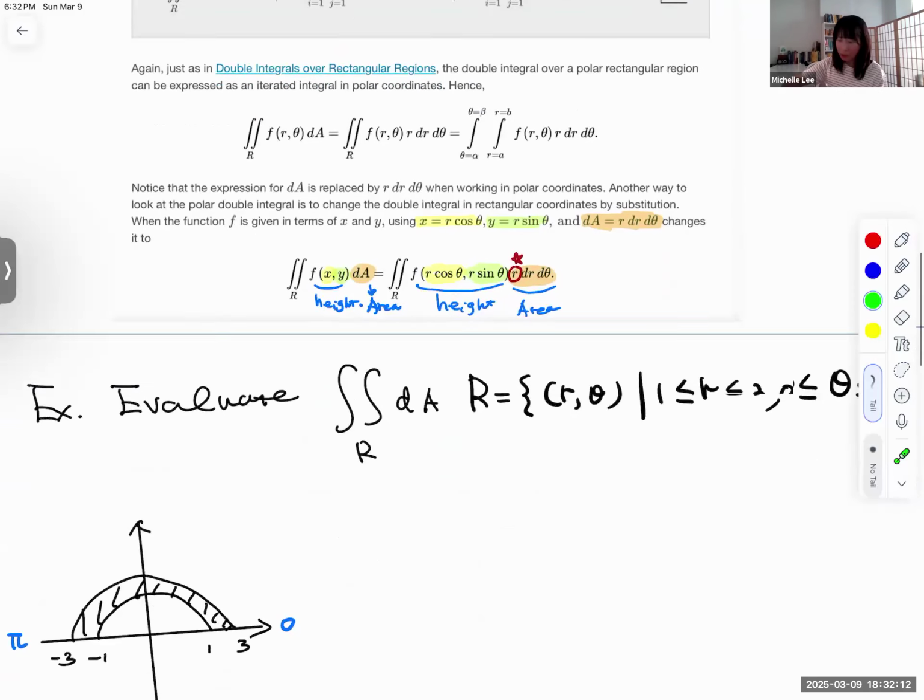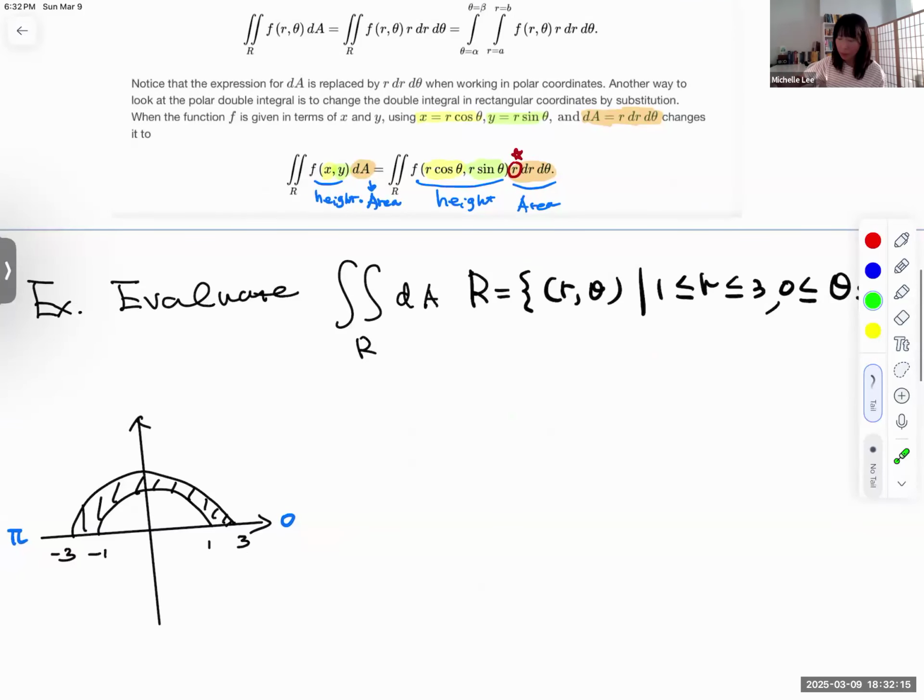Okay, so let's do this example. This example has: evaluate the double integral of dA, right? So we have dA, which means area, right? So let me write it down. So that is r dr d theta, right?